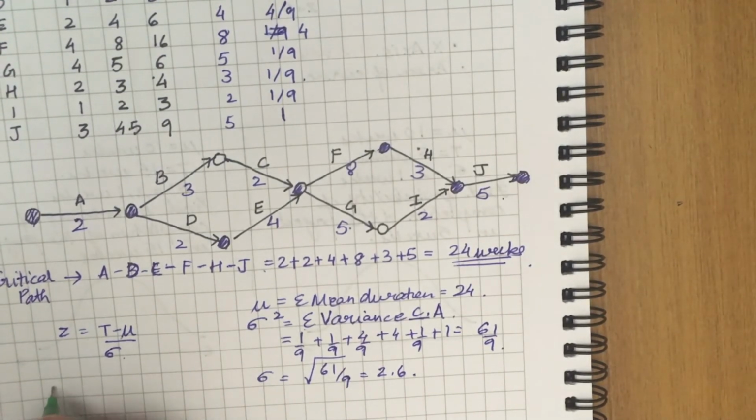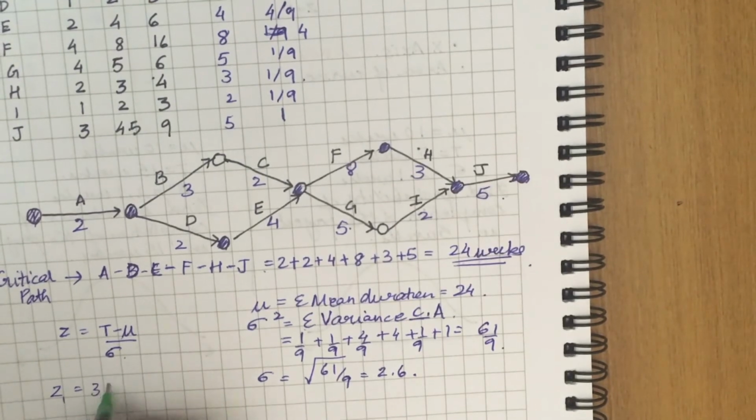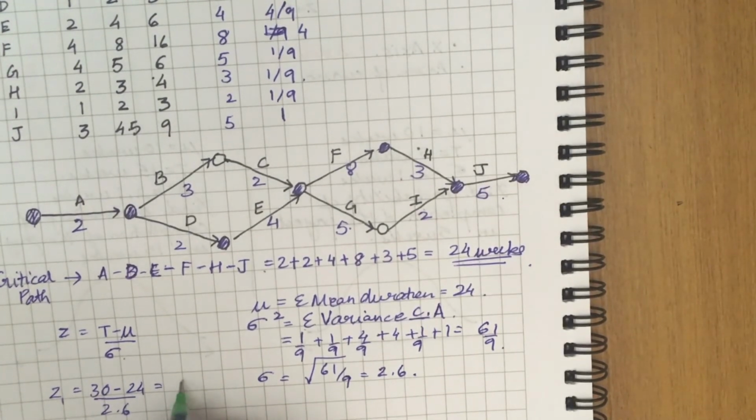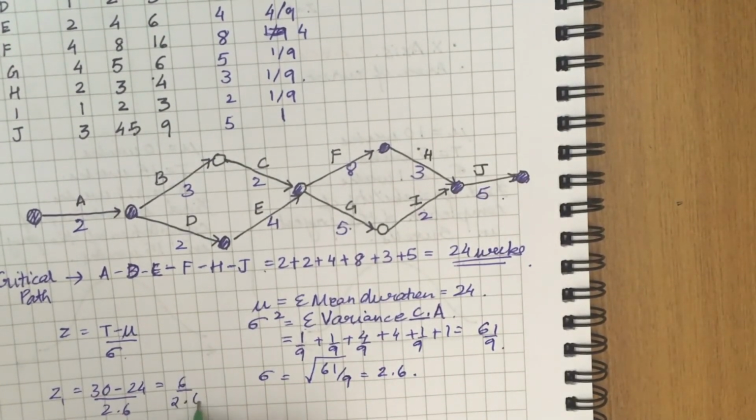Now the value for Z1, for 30 weeks, is 30 minus mu, which is 24, upon 2.6. This is 6 upon 2.6. This is 2.3.